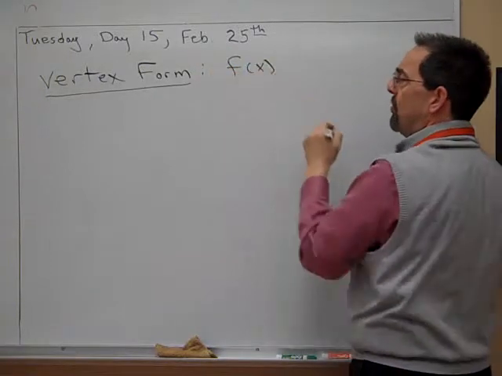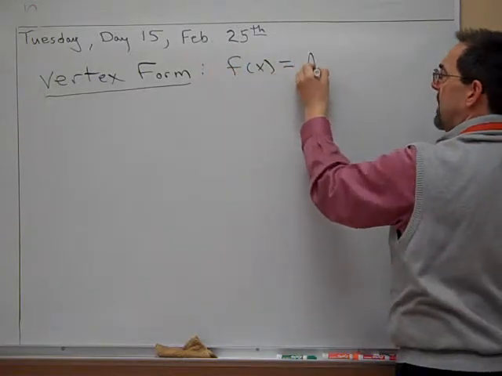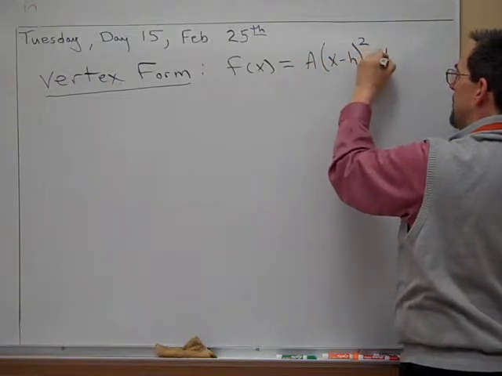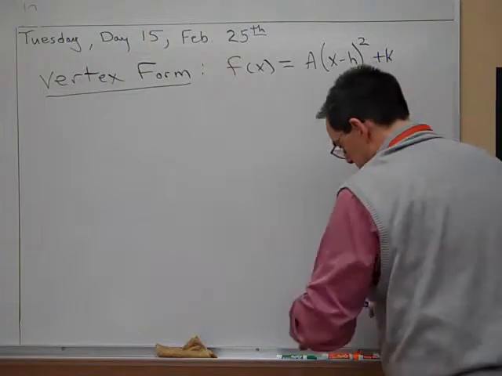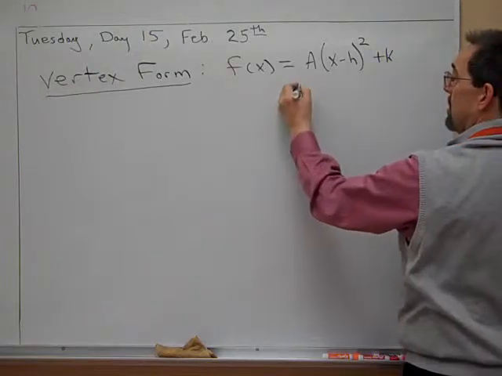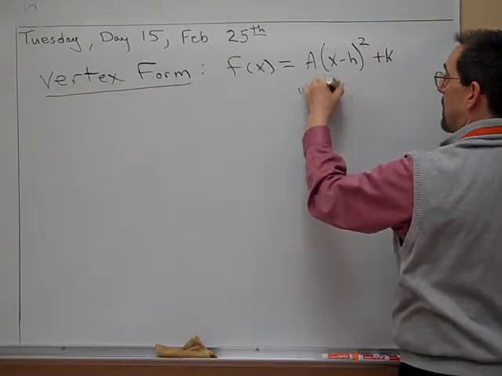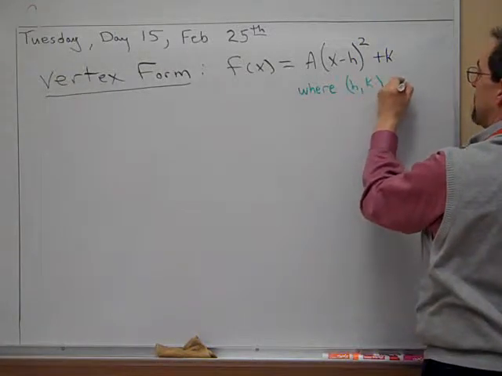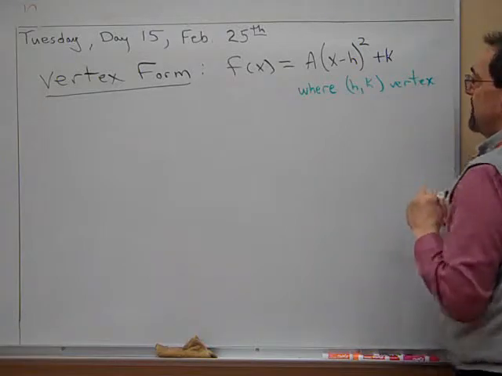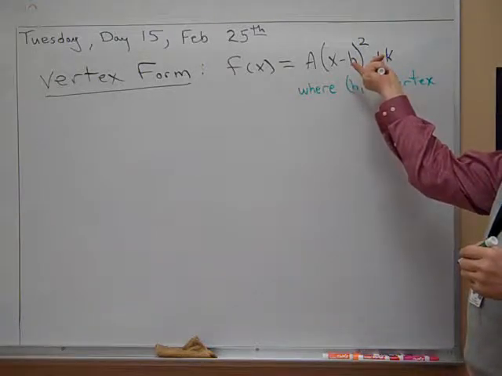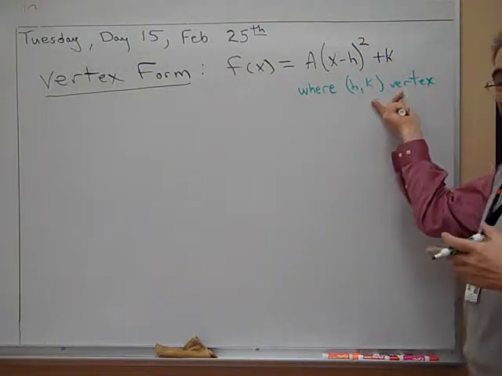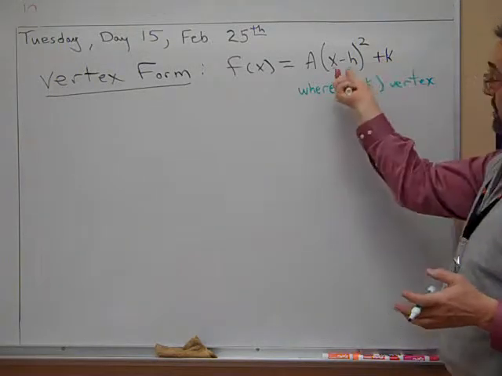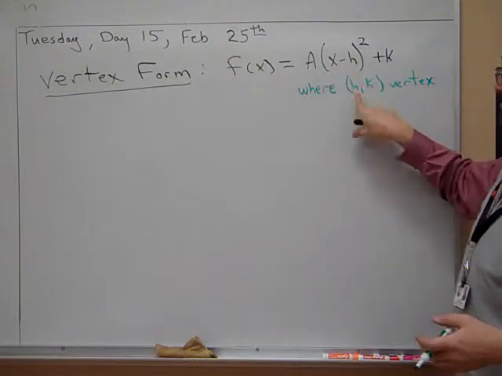The general form of vertex form is a times x minus h squared plus k, where h comma k is the vertex. Okay? So if we're given this form, then we can analyze it and say where the vertex is. H comma k. When it's with the x, it's the opposite, so it's positive h.